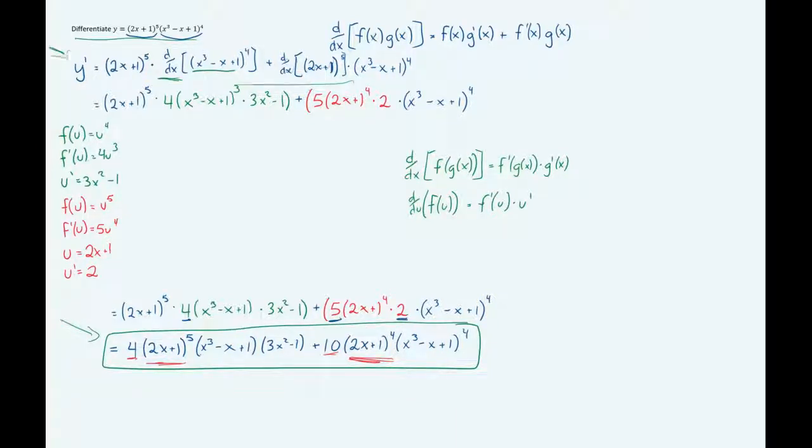As I did in my first line here, I wrote d dx, showing where I have to take the derivative without actually taking a derivative anywhere. That helps keep our steps clear and focus on each derivative, each part of the function, in and of itself. It helps keep our work clear.